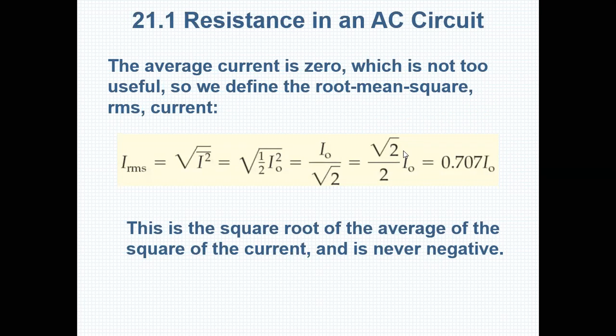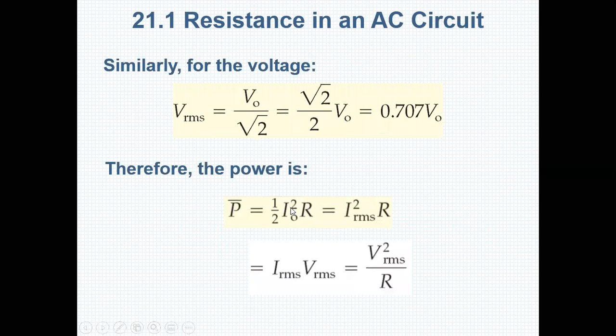Okay, let's go ahead. Similarly, we can calculate the root mean square voltage, which is the peak voltage divided by root 2, and you will get a similar expression to the current. Finally, we can express average power in terms of peak voltage and RMS voltage.